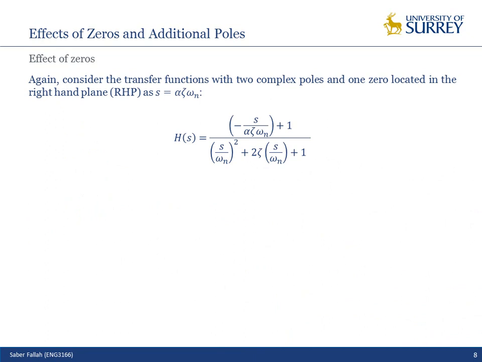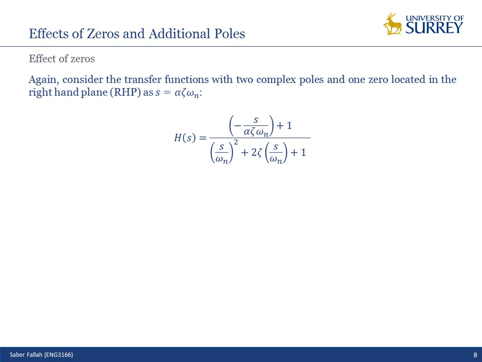Let me ask you another way. What's going to happen if I have a pole in the right-hand side of the S-plane? Unstable. Exactly. What's going to happen if I have a zero on the right-hand side of the plane? Same thing? No.